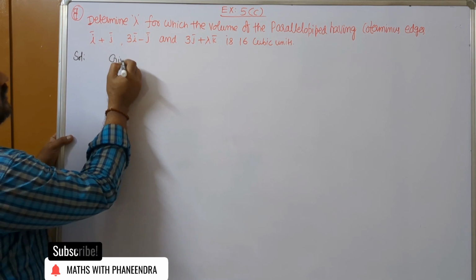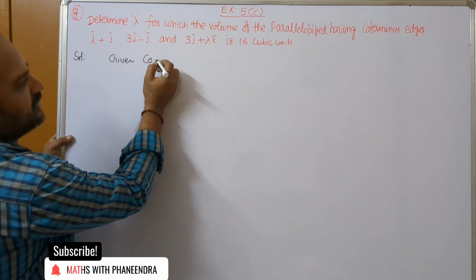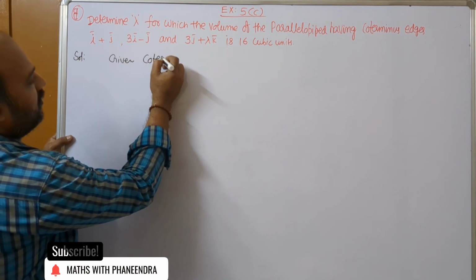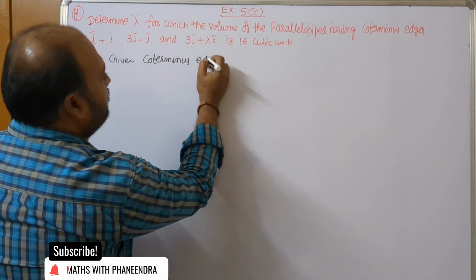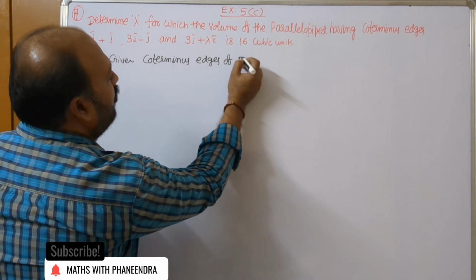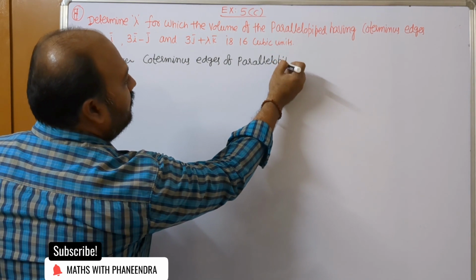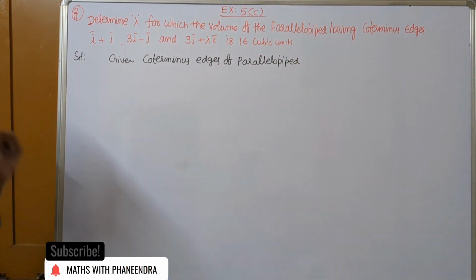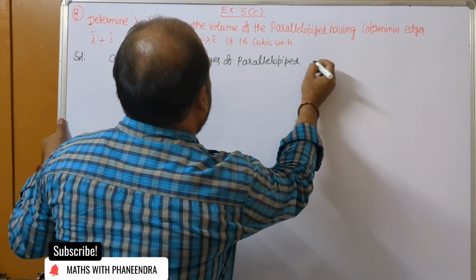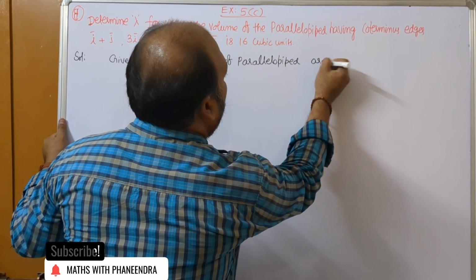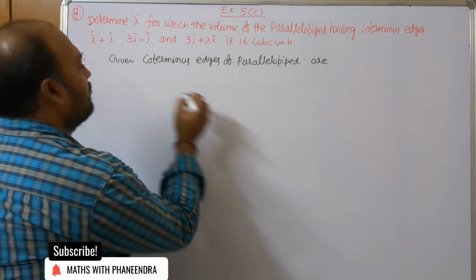So given coterminous edges of parallelepiped, or one is, you can take a bar, b bar, c bar like this.